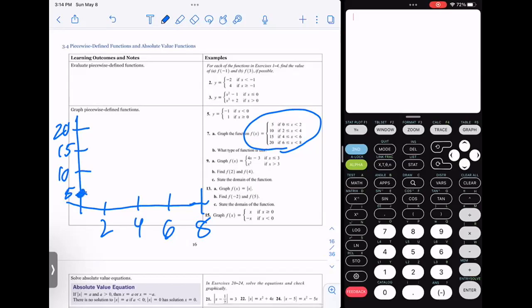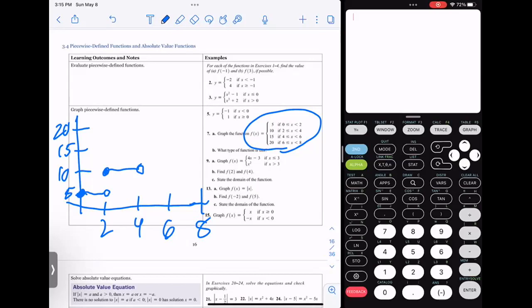I'm going to go to 2 and put a circle there. Now for 10, color it in right where this missing spot is, and go over to 4. Put a circle because we're not including 4 there.